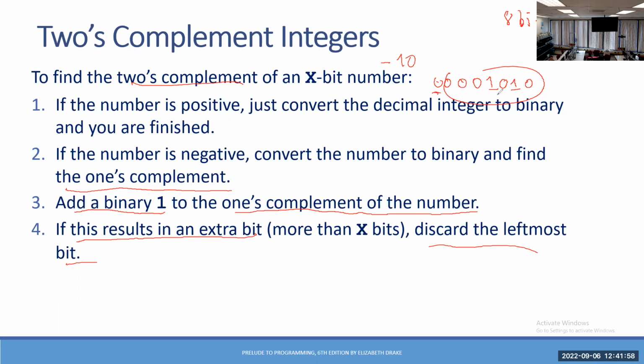Should be 1, 1, 1, 0, 1, 0, 1. Okay, the opposite. So now you do the 1's complement, right? This is the sign bit, number 1, negative, right? And now you just reverse everything. You have 1, 1, 1, 0, 1, 0, and 1 here. That is the 1's complement.